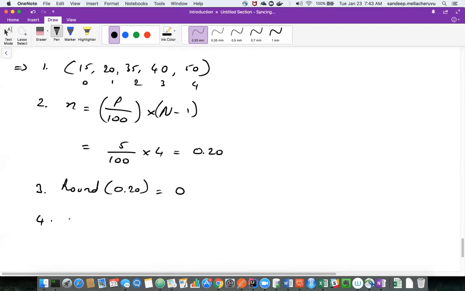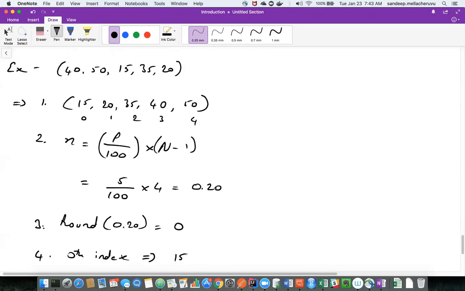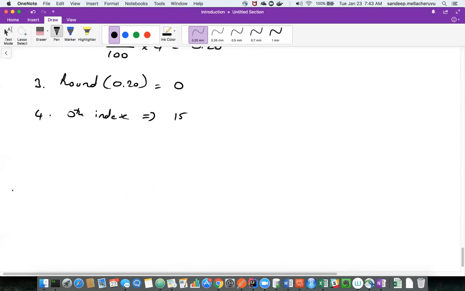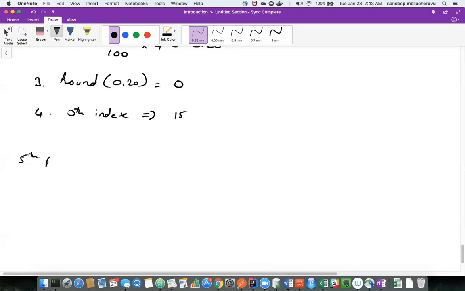So 0th index contains 15. So now what I am doing here is I calculated the 5th percentile value and I am getting 15.